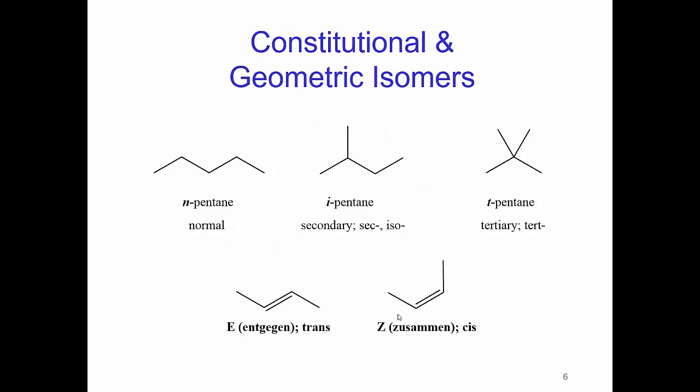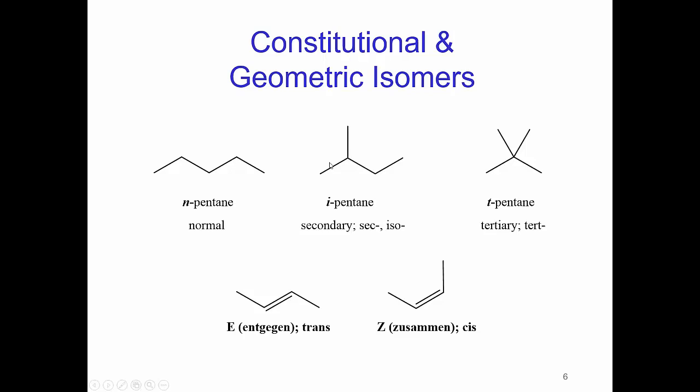Constitutional isomers. So if we have pentane, which is just a hydrocarbon with 5 carbons, we can arrange those in a straight line. We can branch it, and we can branch it in more than one way. And so we have names for some of these. If it's linear, we call it normal, or we put an italic n in front of it.